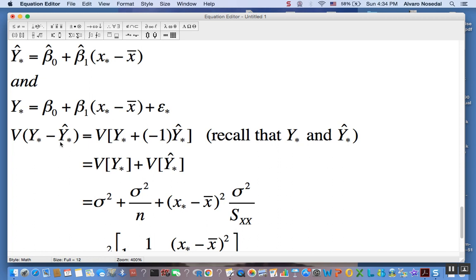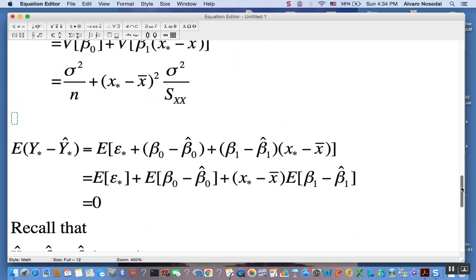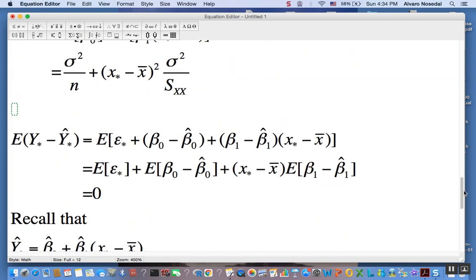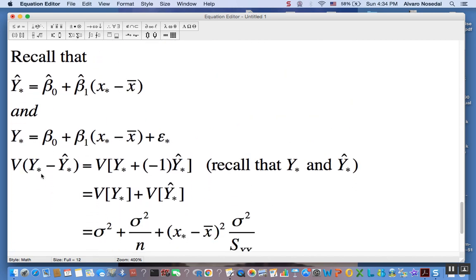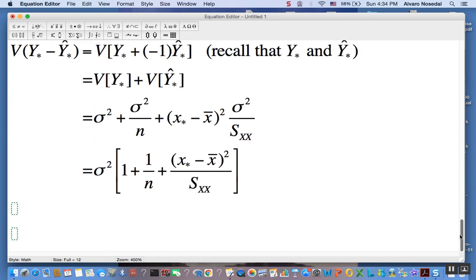And the expected value of that guy is 0, and the variance of our prediction error is sigma square times 1 plus 1 over n plus x star minus x bar squared divided by sxx.